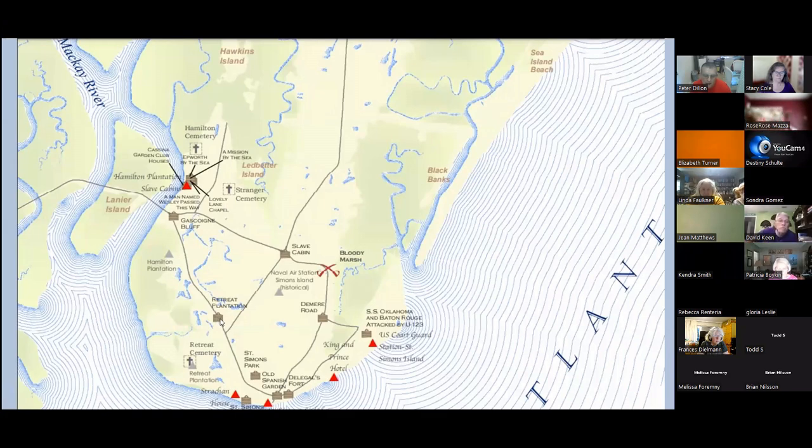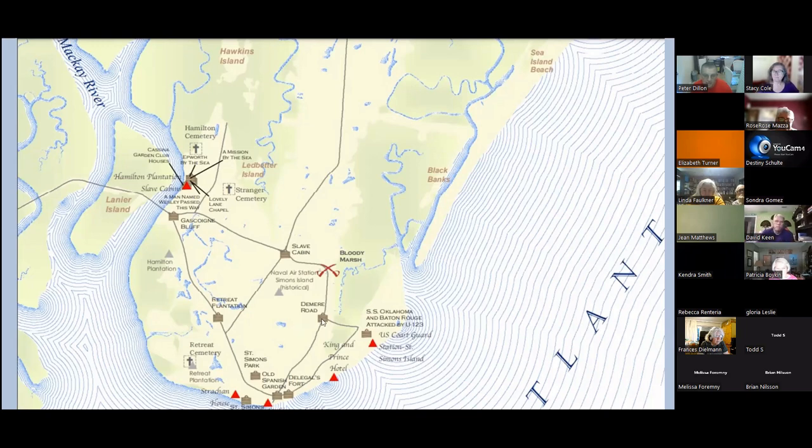On this map, I'm assuming that most counties would have something similar, or certainly most states or historical societies would have something similar to this. I chose these particular ones because it's a local area to me. And you can see all different kinds of information on these historical markers.